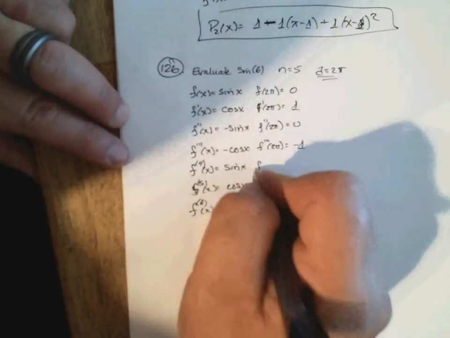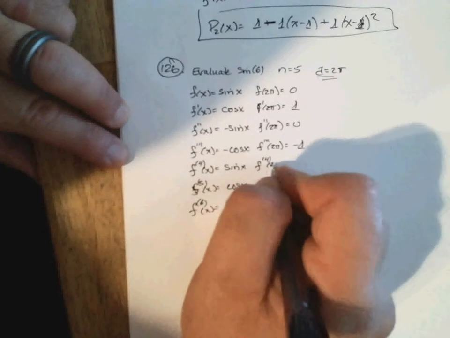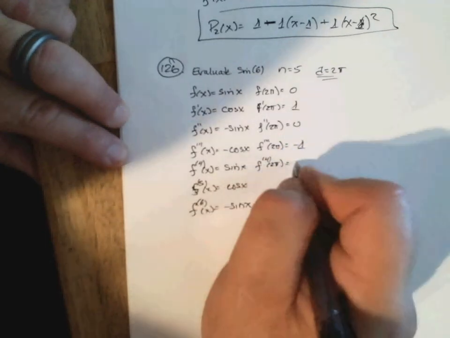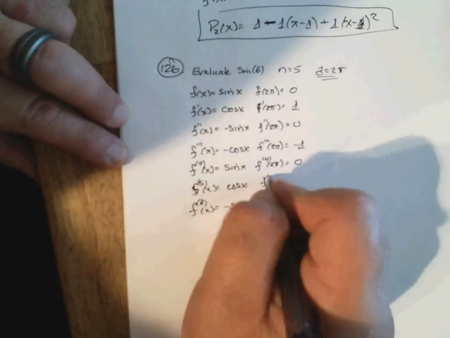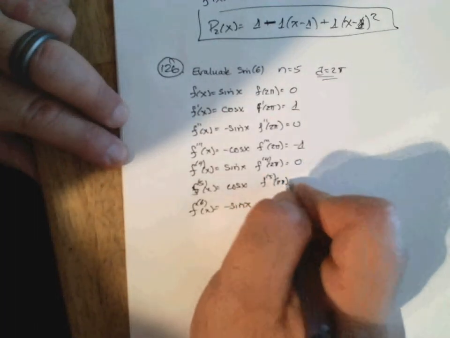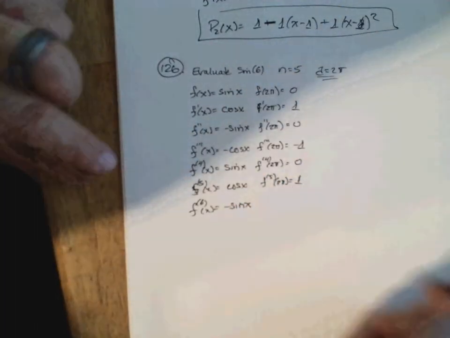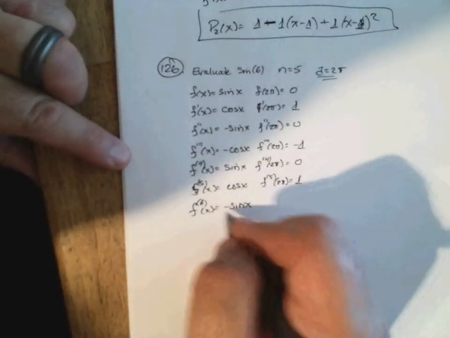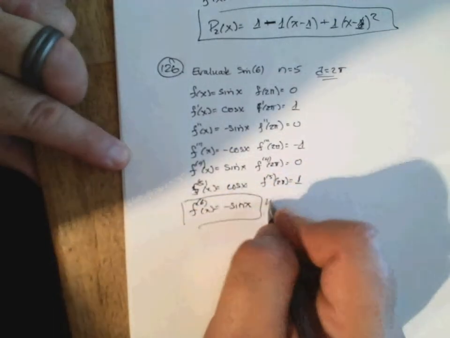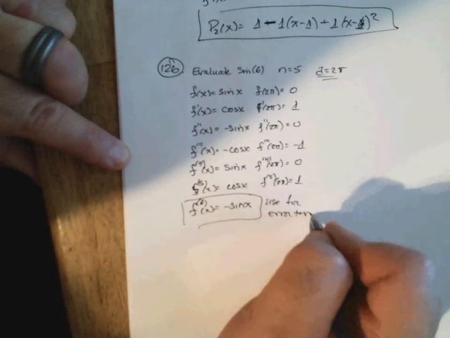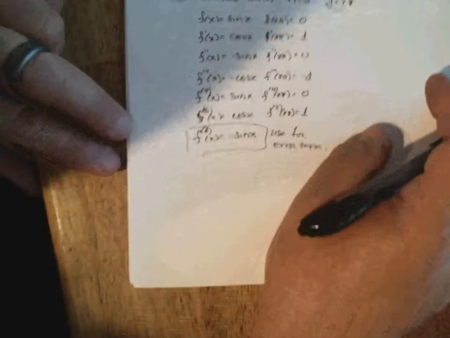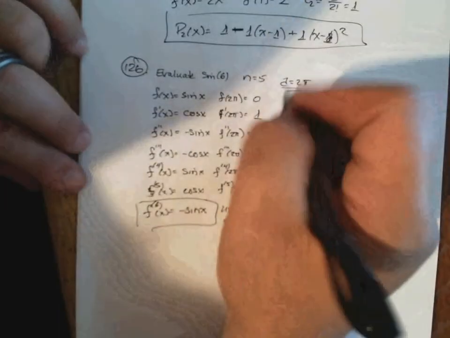Negative cosine of 2 pi is negative 1. The fourth derivative at 2 pi, sine of 2 pi is 0, and the fifth derivative, the cosine at 2 pi, is 1. And we don't do the sixth one. Remember, that's for the error term that we use this. All right.